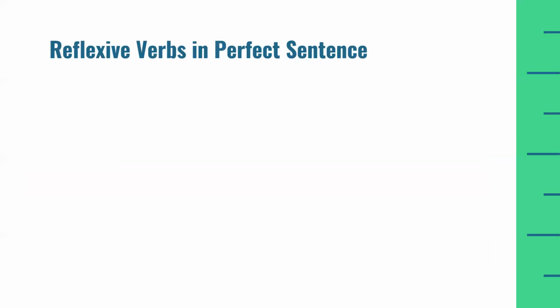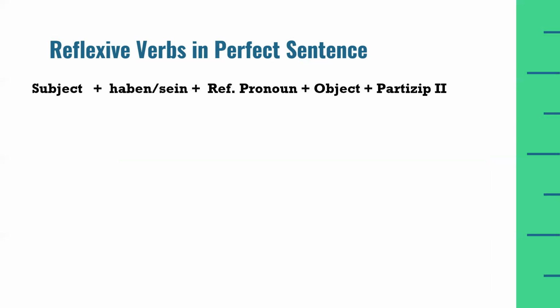Now let's look at the sentence structure. In case we have the perfect tense, what will the sentence structure look like if we want to use a reflexive verb in our sentence? In this case, the subject will come at first position. At second position, haben or sein will come, and it will be conjugated according to the subject that is at the first position. At third position, we will use the reflexive pronoun.